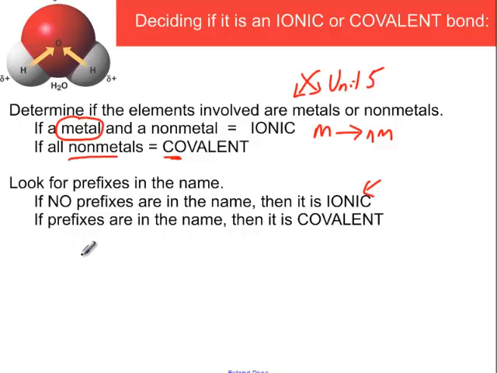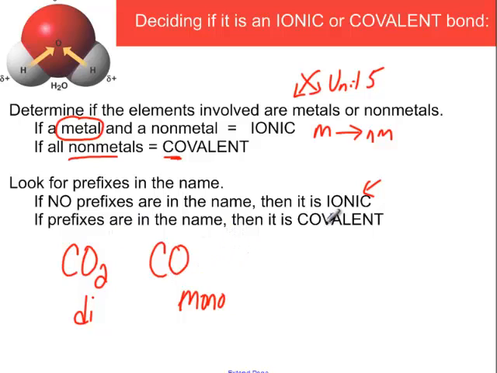Now what do I mean by prefixes? Well, what's this? Carbon dioxide. Di is a prefix. It tells us that we have 2 oxygens. How about this one? I bet you know that. Carbon monoxide. Mon means 1, so there's 1 oxygen. So that prefix is giving us an idea about how many of each element there are in the compound.